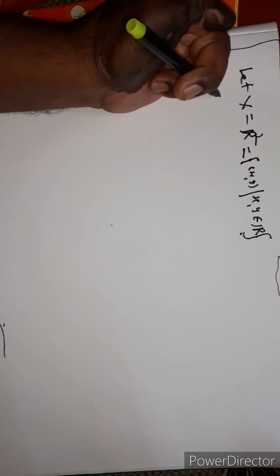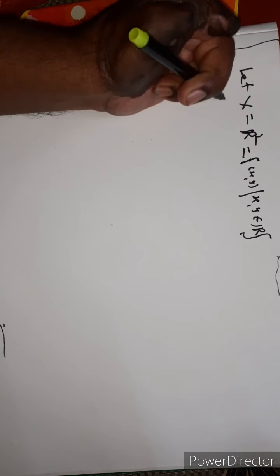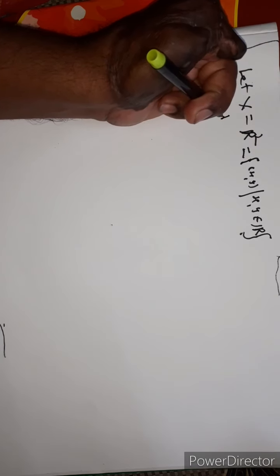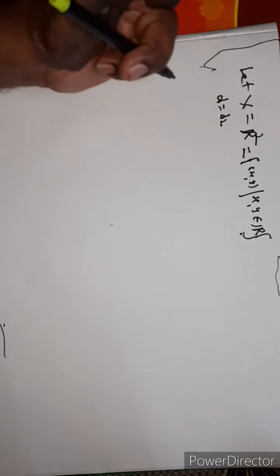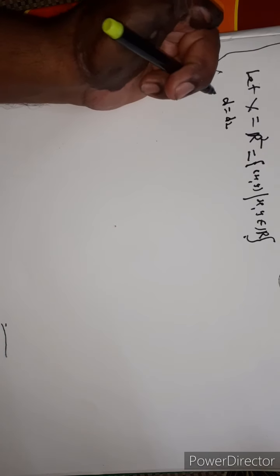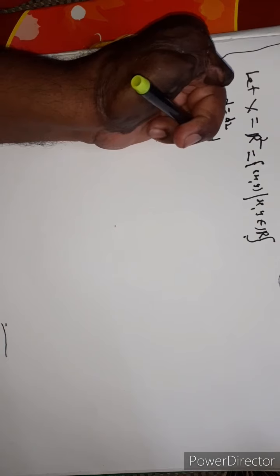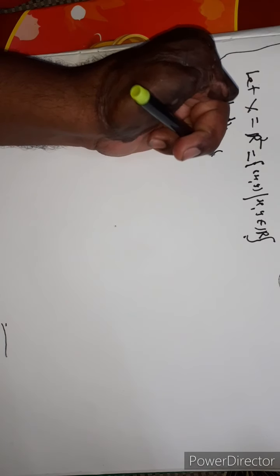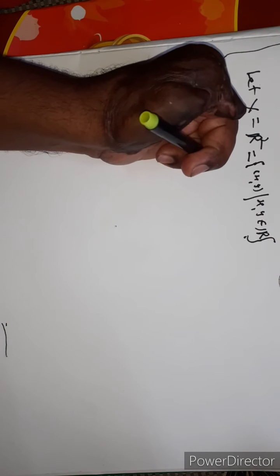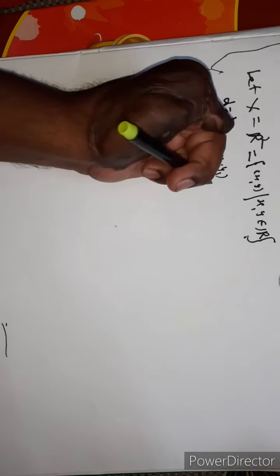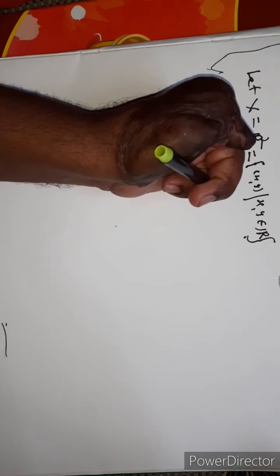Now the metric D on R2 is equal to D2, where D2 of (x1, y1), (x2, y2).